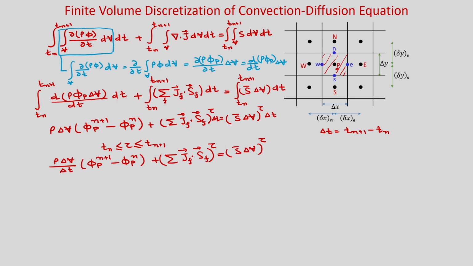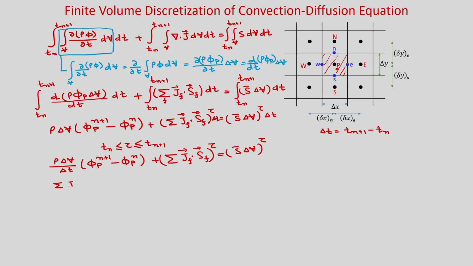Now this value of fluxes at time tau we will take as summation of J f dot S f at time level tau as a factor f t times summation of J f dot S f at level n plus 1, plus 1 minus f t times J f dot S f at time level n. So, f t lies between 0 and 1.